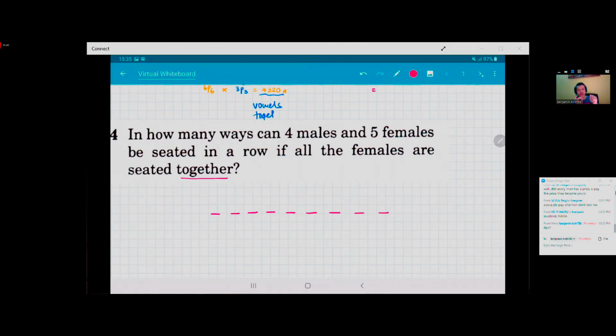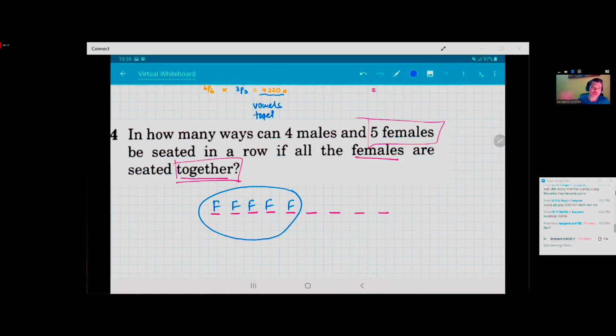So we have to know which ones are together, males or females. Here the question says females together. So females got 5 kan? 5 perempuan. If the 5 females are together, I can draw 1, 2, 3, 4, 5, and then circle. Wherever you do together, you always circle it.